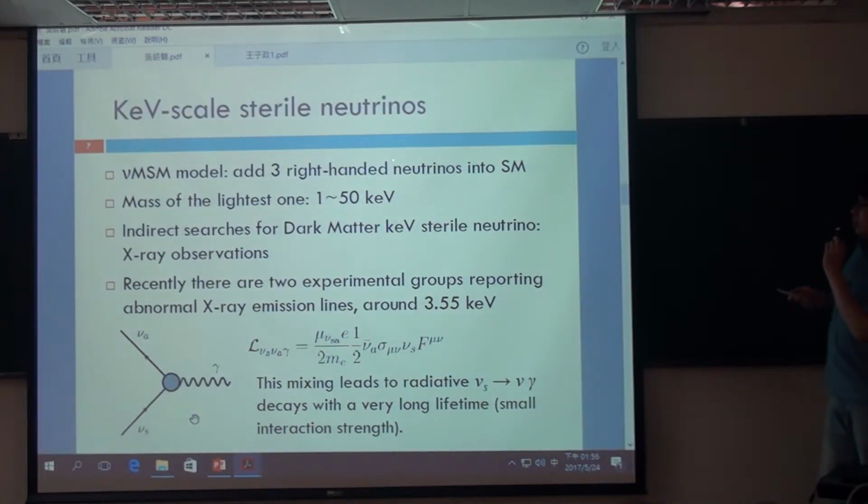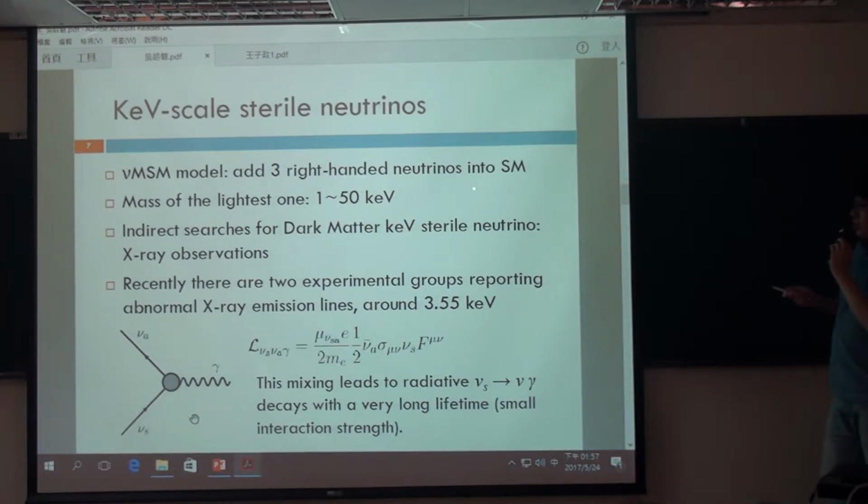For the theoretical part, there are some models, so-called minimal extensions of the standard model, which are just based on the original standard model with a little correction. For example, adding three right-handed neutrinos into the original standard model, which can explain the neutrino masses.